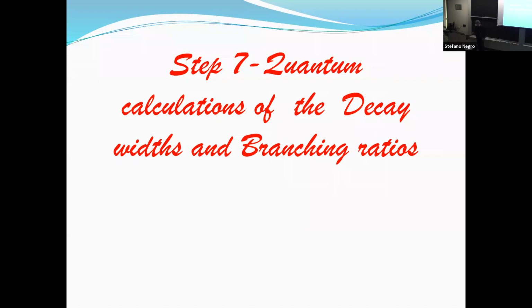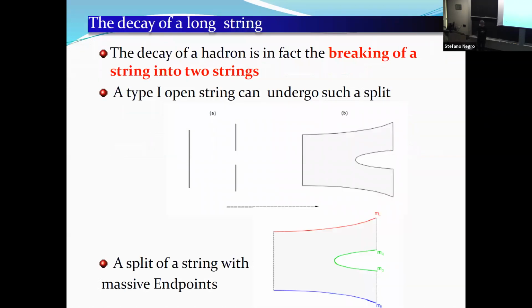And for that, we go back to the stringy picture. For instance, in type 1 open string, the strings can definitely open, they can split, and we have such a Feynman diagram.